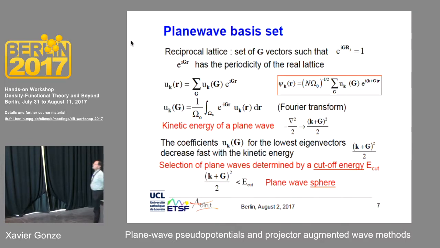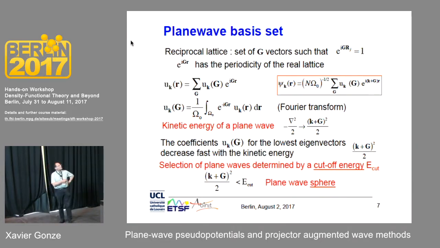But we don't want to deal with an infinite set of plane waves with our computer. We need to make an approximation. There is a natural way for plane wave to select the correct or the best plane wave set.